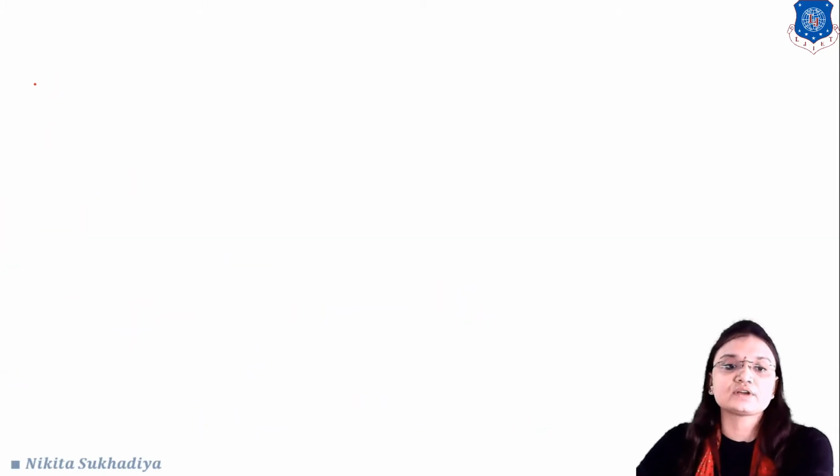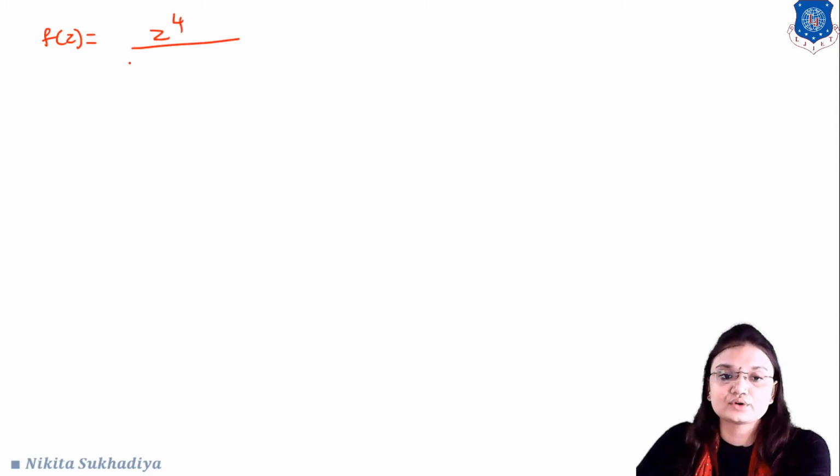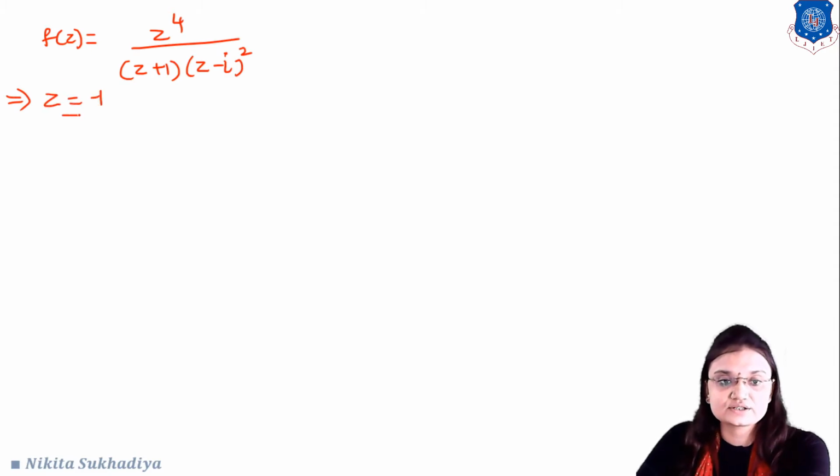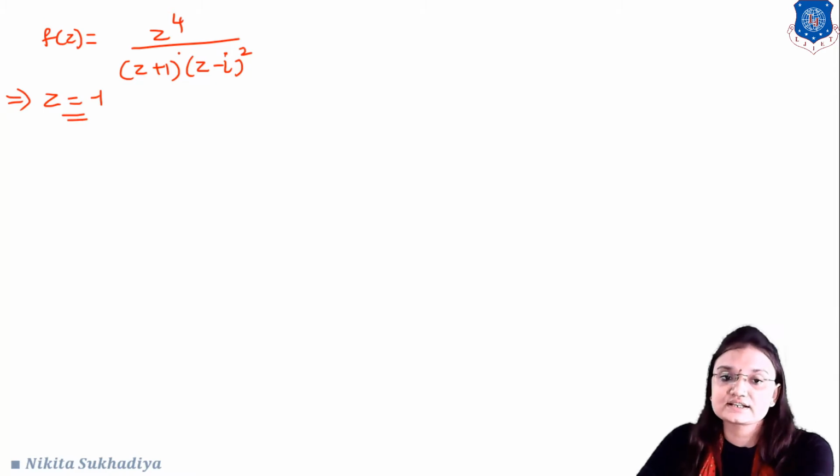Here we have the function f of z is equal to z raised to 4 upon (z plus 1) into (z minus i) raised to whole square. Let's find the residue for z is equal to minus 1. You can clearly see that z is equal to minus 1 is a simple pole.